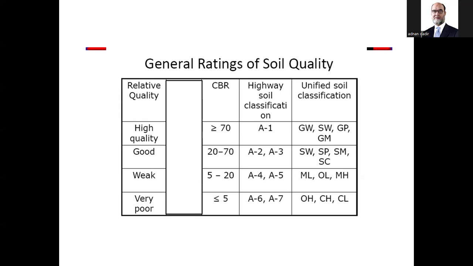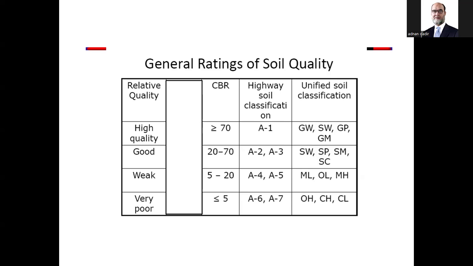To come up with this, any soil that has a CBR value of 70 is regarded as a very good soil, A1 soil. Even if you don't have a CBR test facility, just classify the soil using the AASHTO method or USC method, and you can estimate that if you have A1 soil, its CBR must be greater than 10.